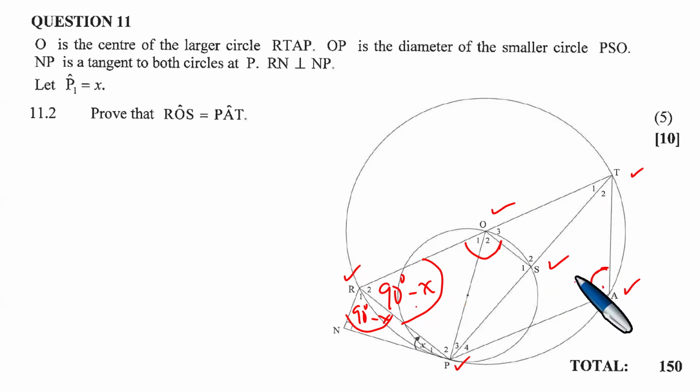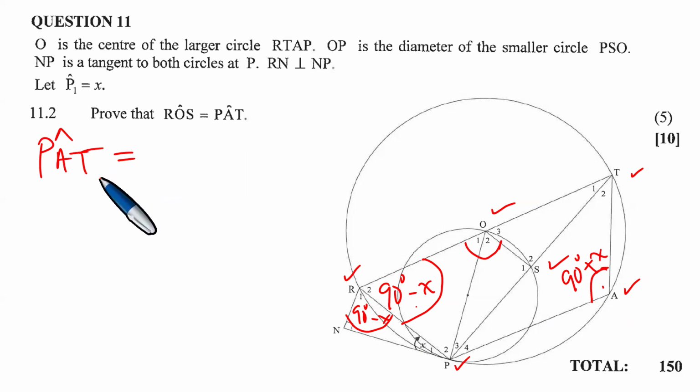So what can this one be? It must be 90 degrees plus x, so that 90 plus 90 is 180. Then these x's will cancel each other: x minus x is 0. So we start by saying angle PAT is equal to 90 degrees plus x.